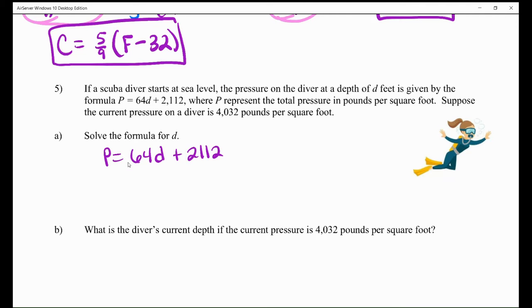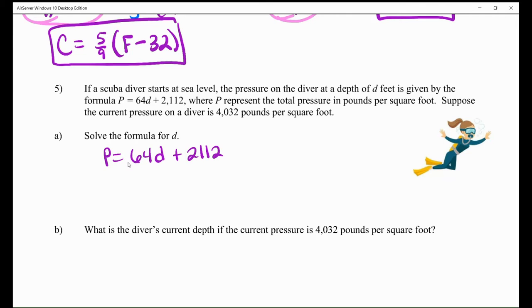So if a scuba diver starts at sea level, the pressure on the diver at a depth of D feet is given by that formula. So D is the depth of the diver, how deep the diver is underwater, and P represents the pressure in pounds per square foot.